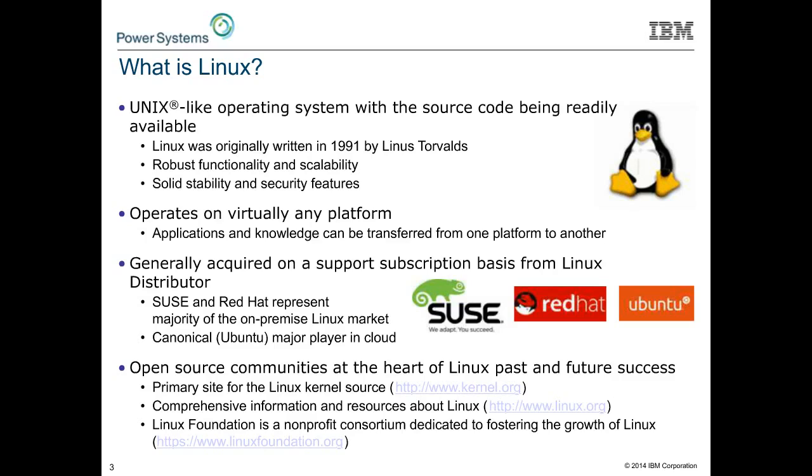Today we talk about it being robust in functionality and scalability. We talk about its stability and its features. It really has come a long way, as we'll see later. I think one of the key attributes of Linux, much like Unix started out with, is this ability to operate on any platform.